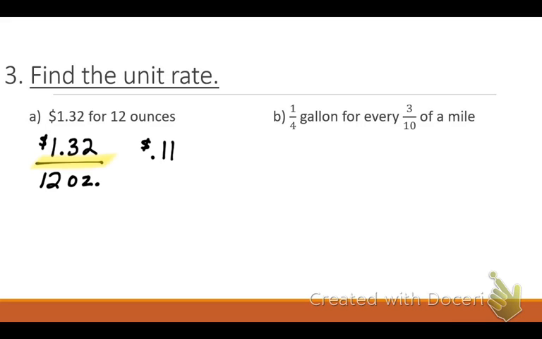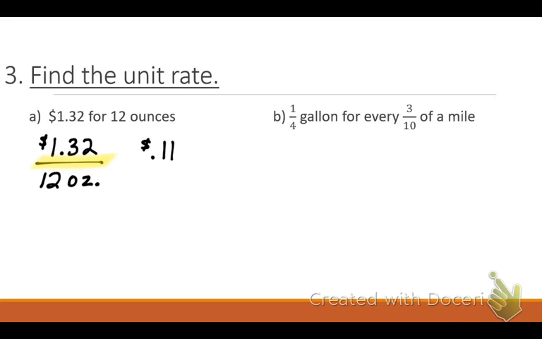Now let me explain to you what I need, okay? It's asking for a unit rate. Go back to your notes that we just wrote down about unit rate. The unit rate told me you have to have a denominator of 1, okay? Do you see any denominator there?